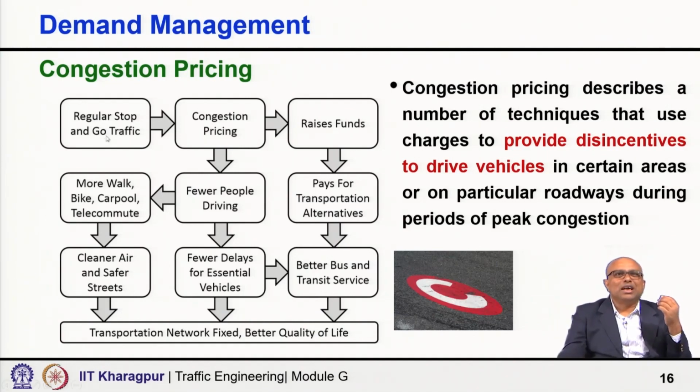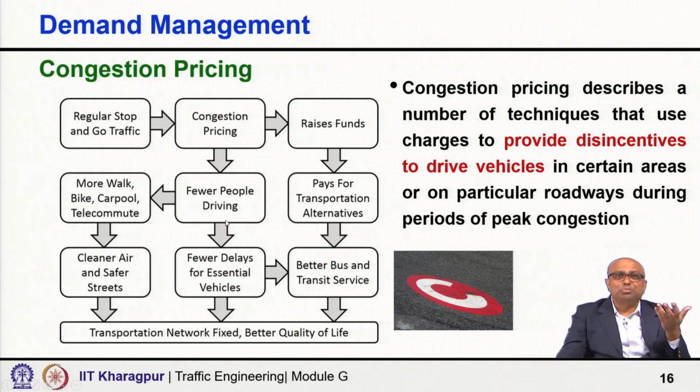So, it is something like this is the regular stop and go traffic. If you are doing congestion pricing, then one way you are raising funds, the other way is that fewer people are travelling. So, once fewer people are travelling, more walk, bike, carpool, telecommute, all these are happening, which is helping you get cleaner and safer streets, right.